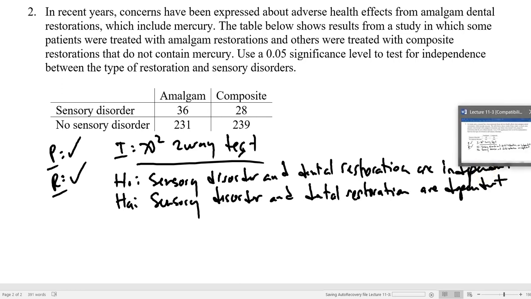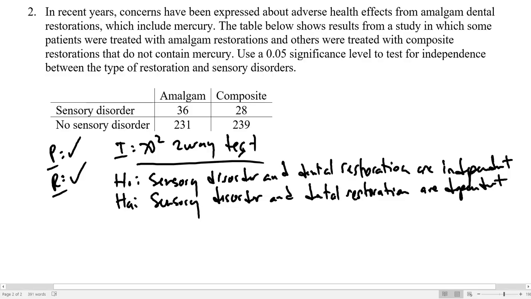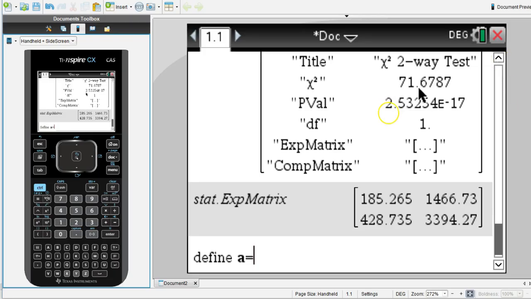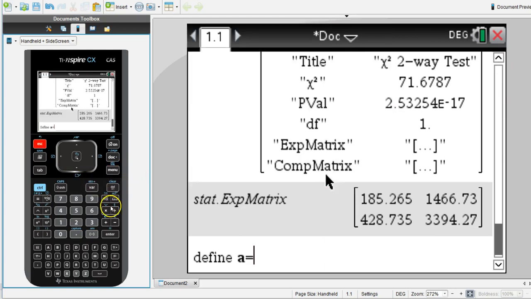How do I run this? You got a calculator, I hope. The complicated thing to do for this test is to define A is equal to, this time it's a 2x2. I'm getting all excited here, ready to run the test.